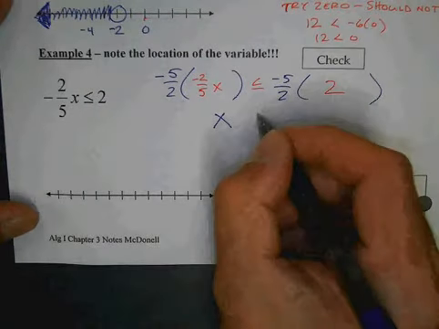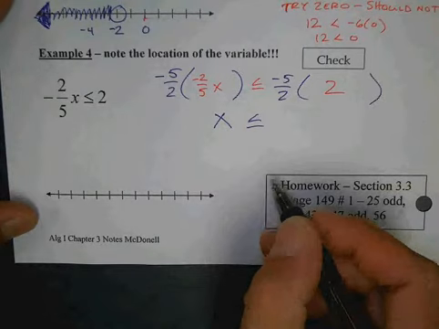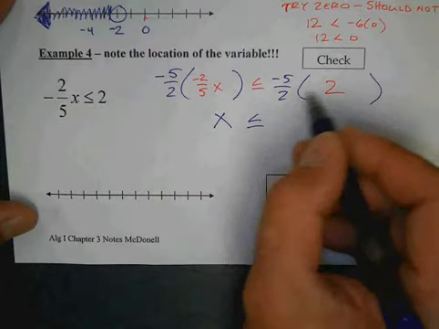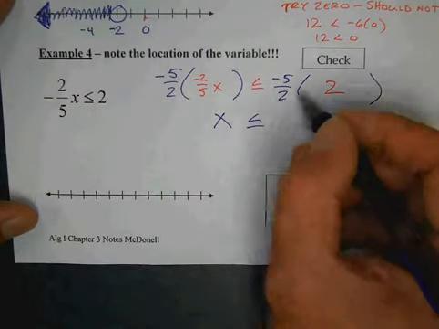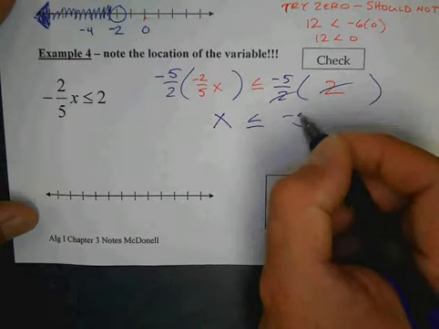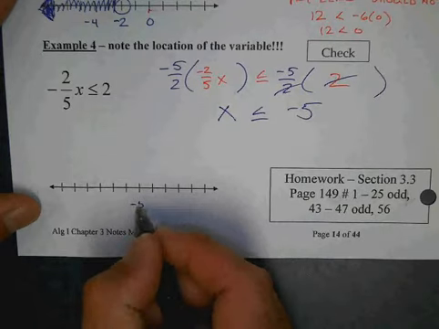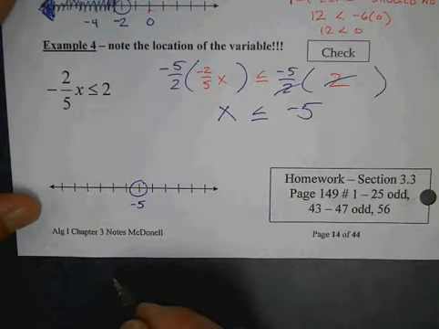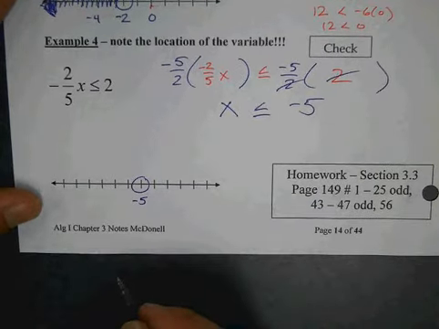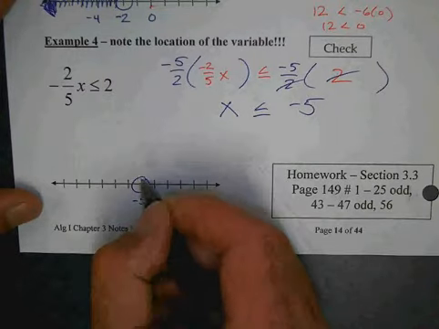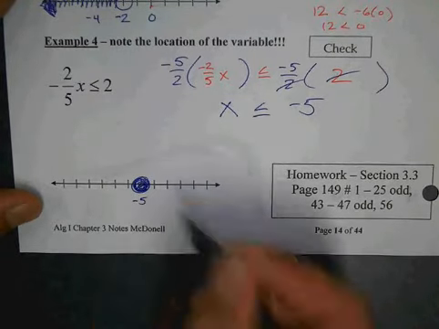All right. What happens to these two 2's? They cancel. So that leaves me with negative 5. So we go down here, negative 5. Do I fill it in or do I not fill it in? I fill it in. All right, which way do I shade?